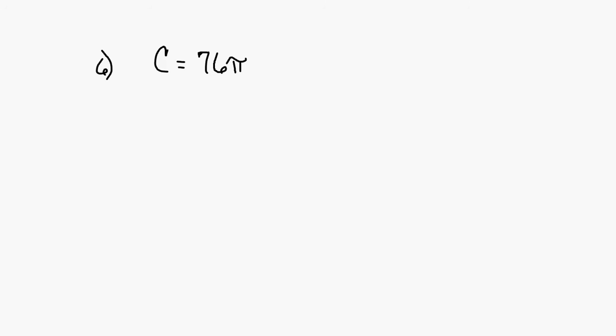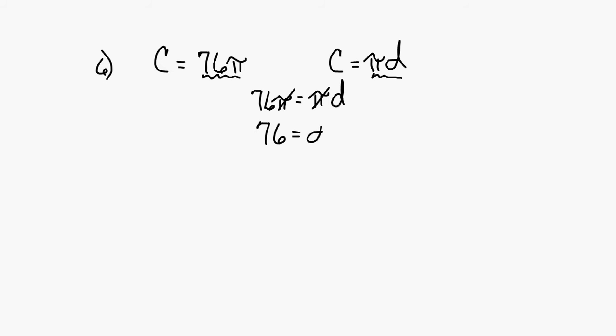So if 76 pi is the circumference, and circumference is equal to pi times diameter, then you can set these two equal, the 76 pi equal to pi times diameter. So if 76 pi equals pi times diameter, you can cancel the pi from both sides, and 76 is equal to the diameter.